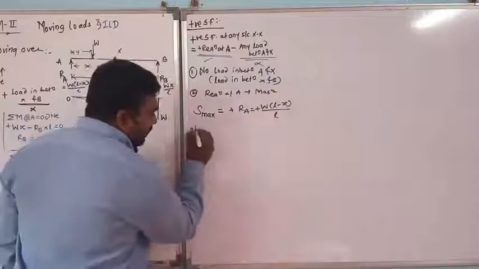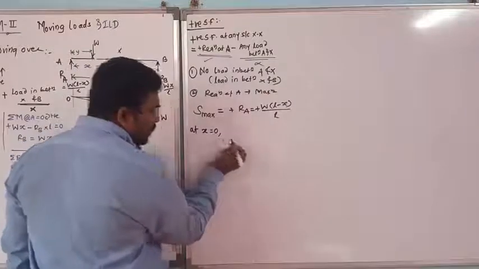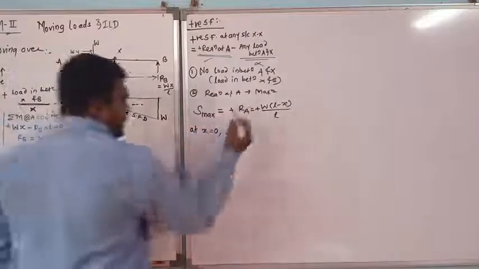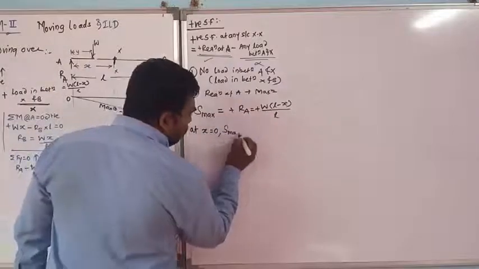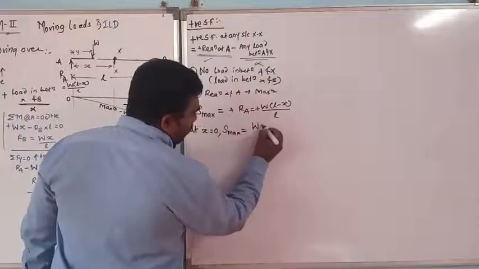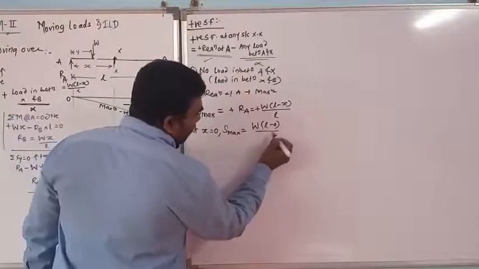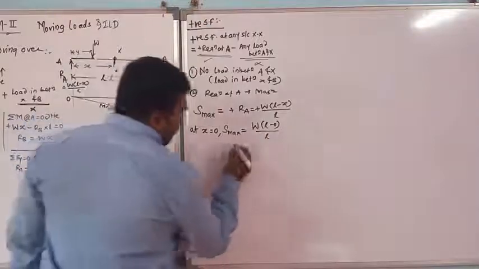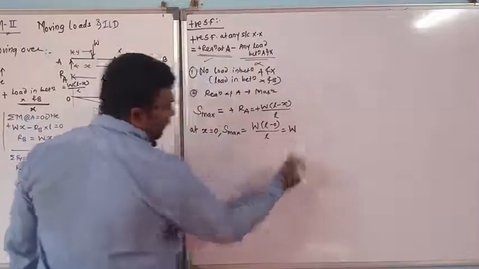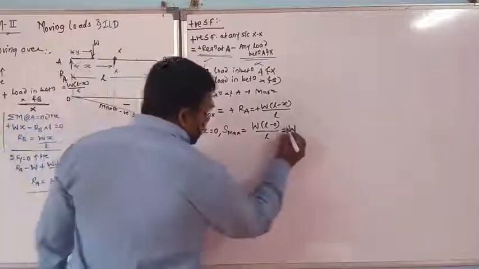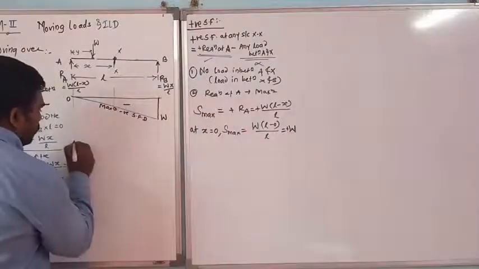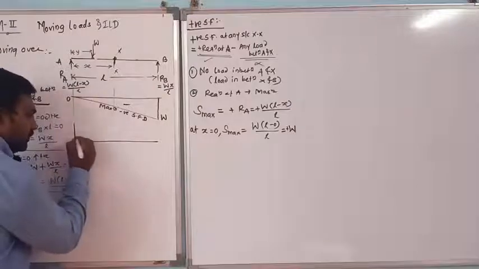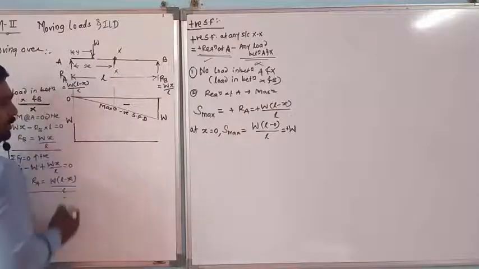Hence, now I will put the end condition at x equal to 0. At x equal to 0, S max is W into (L minus 0) divided by L. L minus 0 is L, and this L will get cancelled. Hence, S max is equal to W, that is plus W. Okay, the answer comes as plus W. So while plotting this shear force diagram at x equal to 0, it comes as W here.